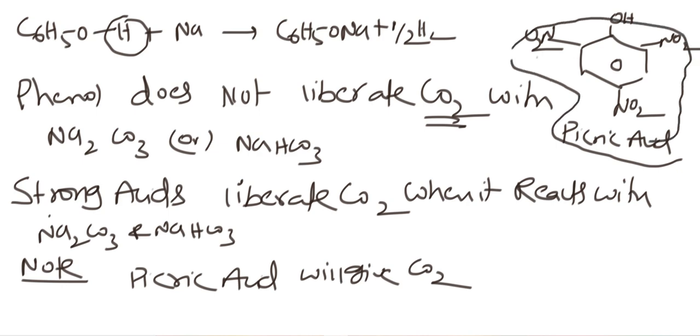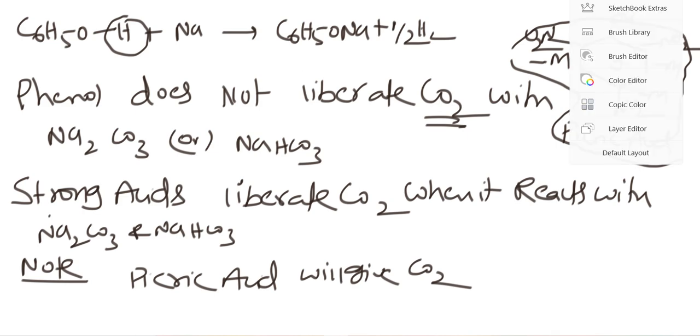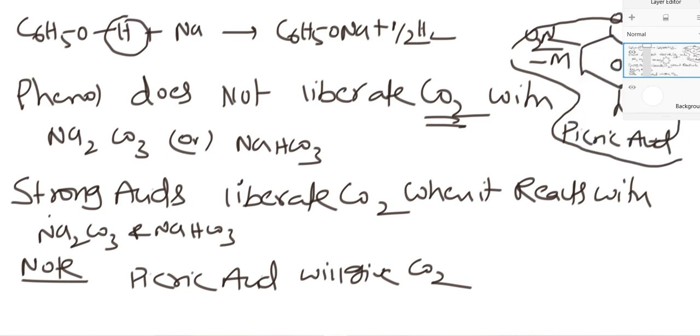This is because of the powerful minus M effect groups. It is more acidic. The acidic nature of phenol increases because of the 3 NO2 groups. That's why picric acid will give CO2. Most important point. I hope it is clear, just note it down.